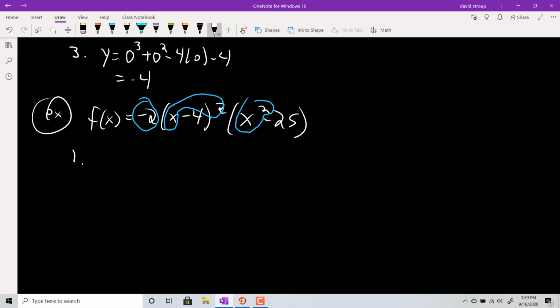Okay, so our leading term will be negative 2 times x squared, so negative 2x to the fourth, which tells me a is negative 2, which is less than 0, and the degree is even.